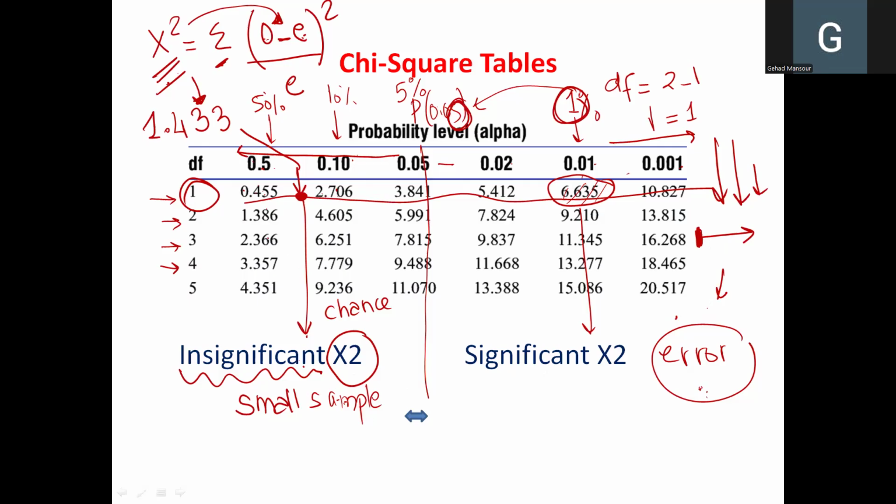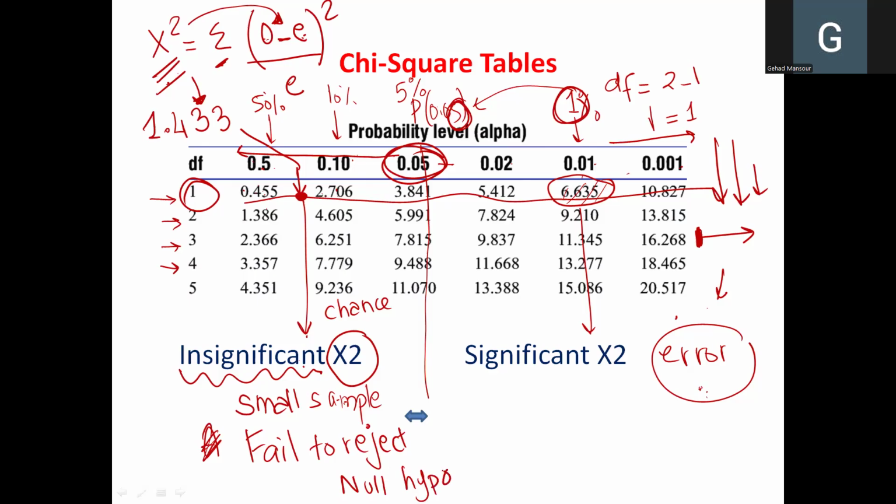Of course, if my x-squared value falls below probability 0.05, then my experiment is okay. Then I will accept, or let's say fail to reject, because as I said before, we cannot accept absolutely, we cannot prove with certainty, but fail to reject the null hypothesis.